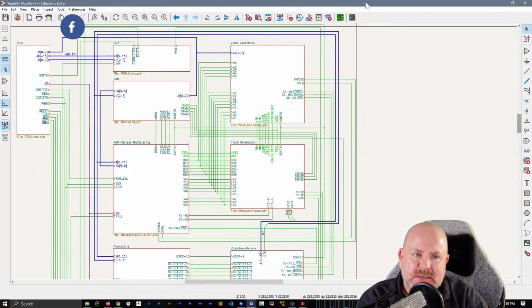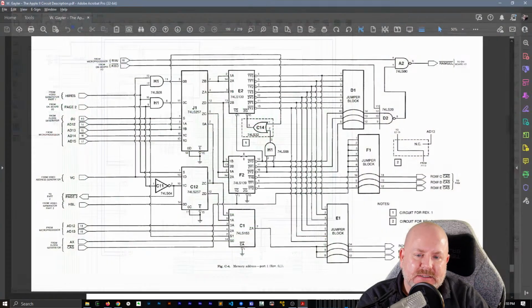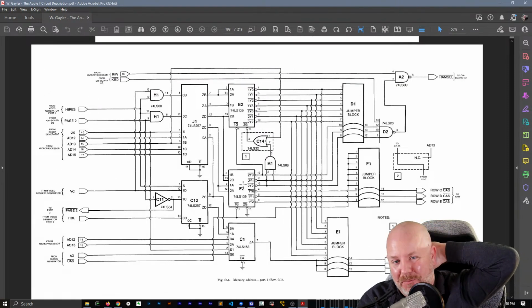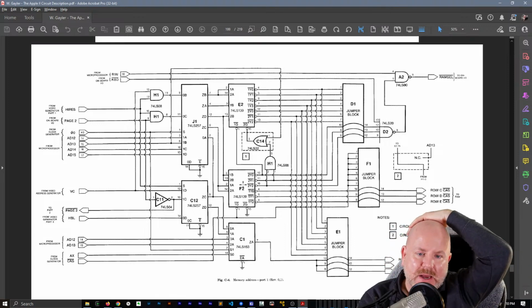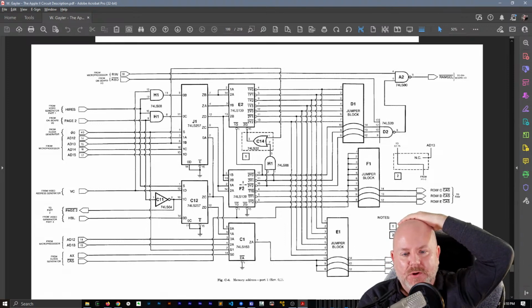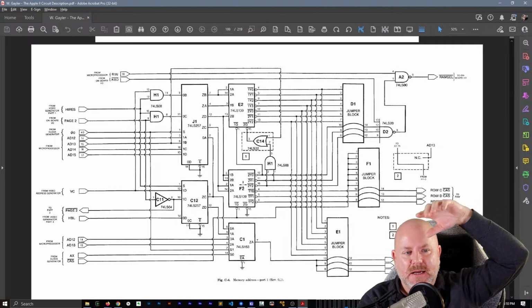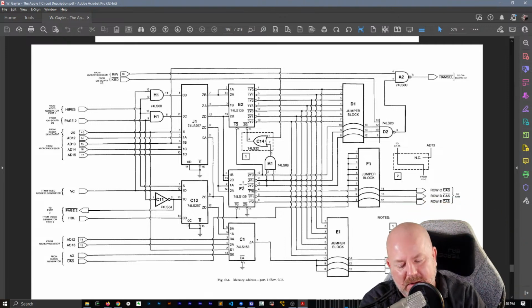What I'm thinking is if we go back and we do the Apple II one first. And maybe what we'll do is I'll just say, let's just do revision 7 because that's the latest. I don't know.